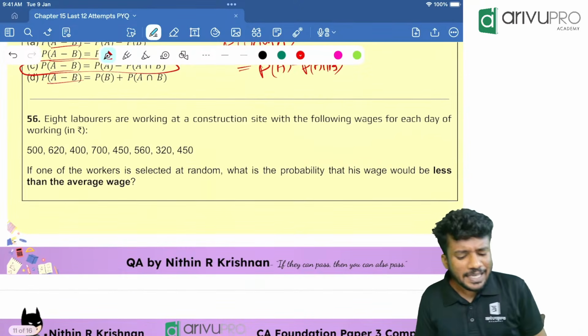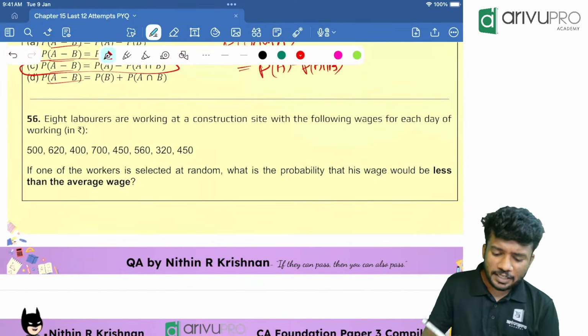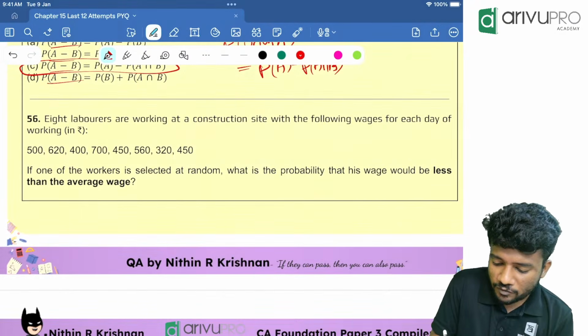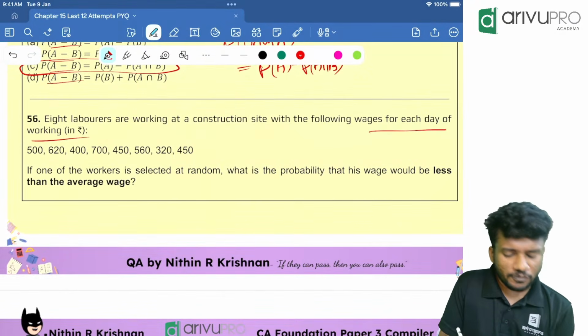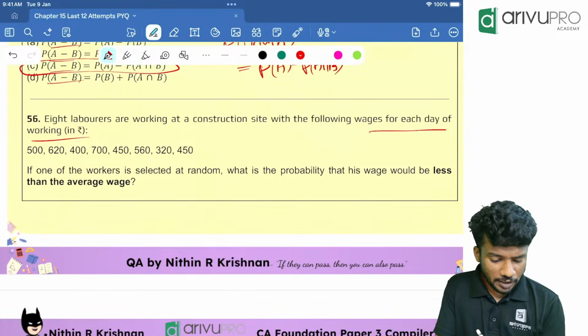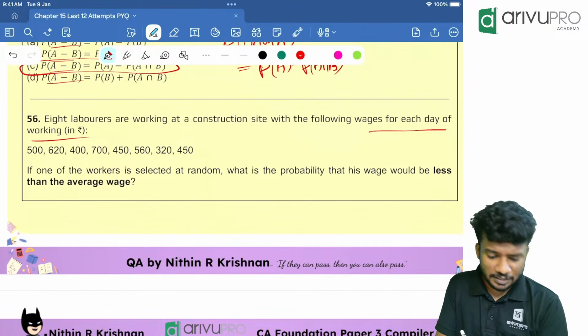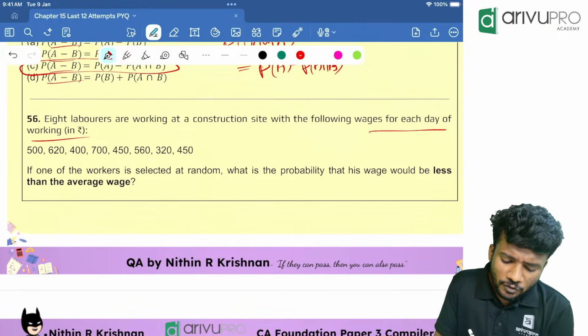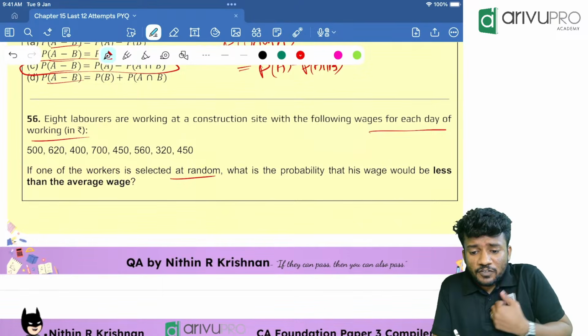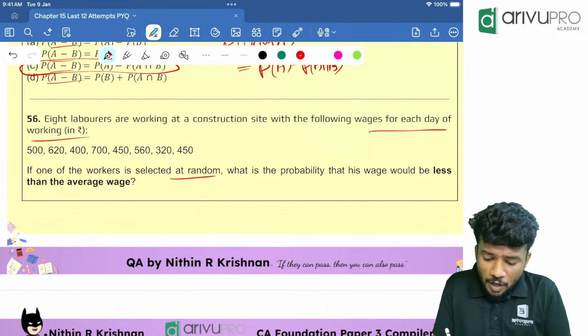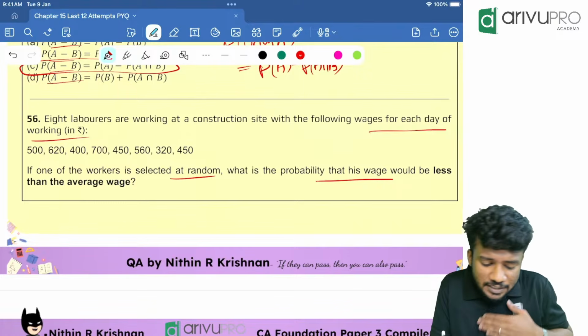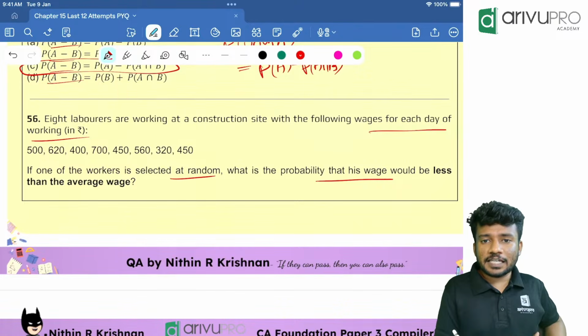56th question. 8 laborers are working at a construction site with the following wages for each day of working: 500, 620, 400, 700, 450, 560, 320, 450. If one of the workers is selected at random, what is the probability that his wages would be less than the average wage?